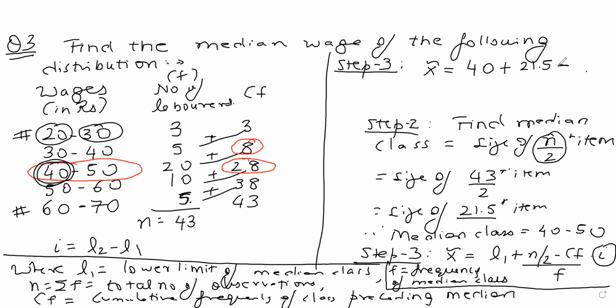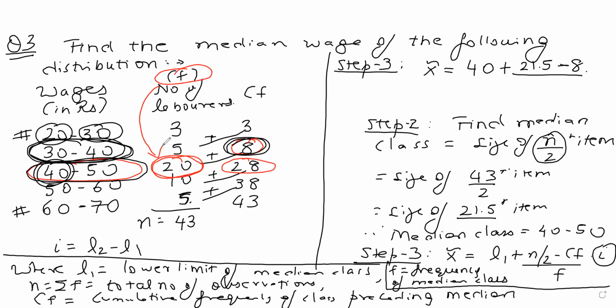We had found this out. Minus the cumulative frequency of the class preceding the median class. Now 40 to 50 is the median class. The class preceding it is 30 to 40. What's the cumulative frequency of 30 to 40? 8. Minus 8. Over F, the frequency of the median class. What is the frequency of the median class? 20.